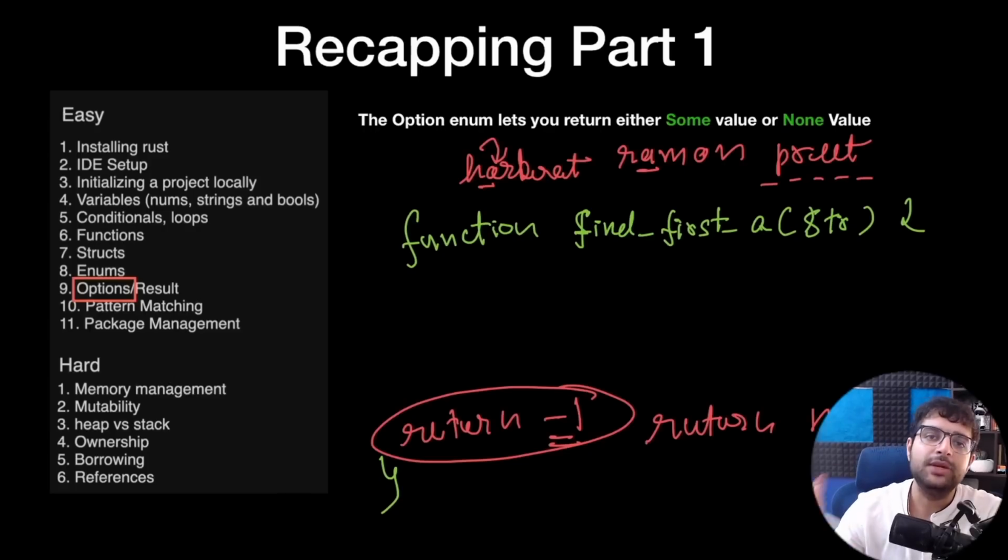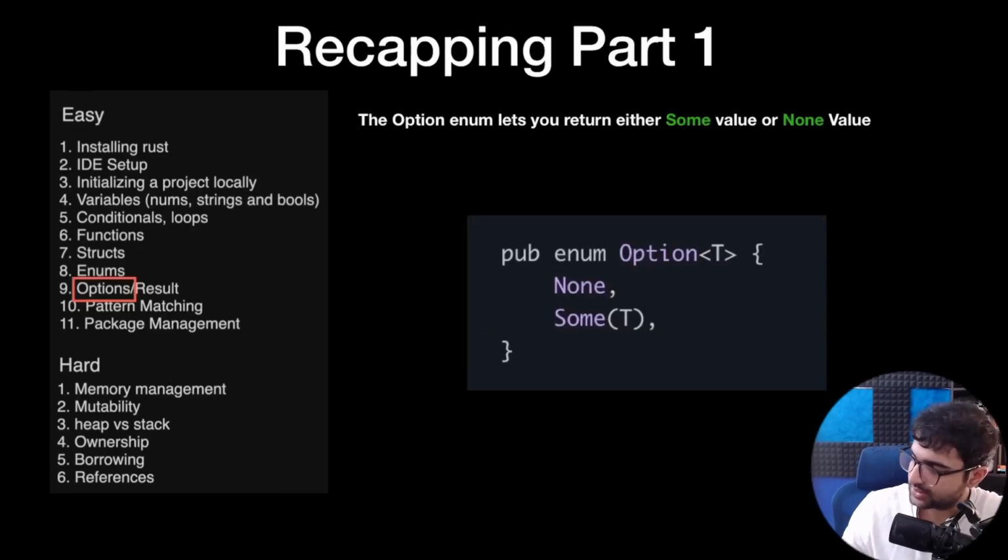They explicitly chose not to have nulls. I don't know if you've heard of this, but the $1 billion mistake was introducing nulls or undefined into languages like JavaScript, and even in Java you might have seen a very similar thing. In Rust, you have the option enum, which lets you return either some value or none value.